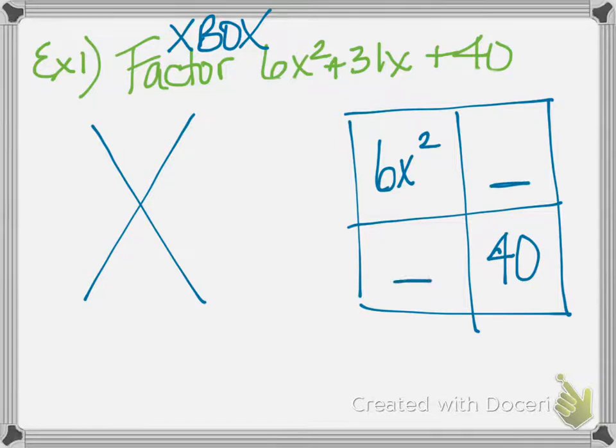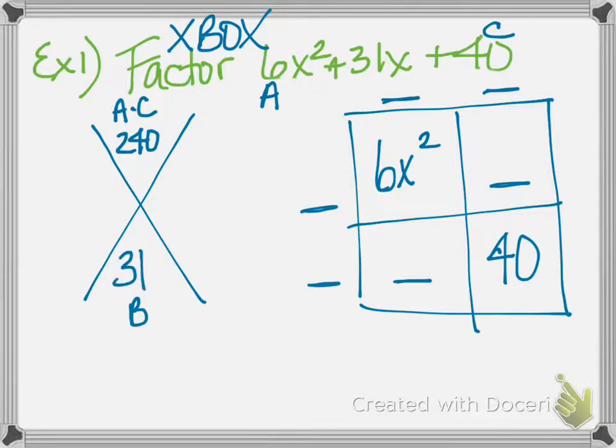I'm going to wait to fill in the rest of this until I fill in my X. The X box says take your A and your C and multiply them together. So A is 6, C is 40, 6 times 40 is 240. And then take your B term and put it down here in the bottom of the box.